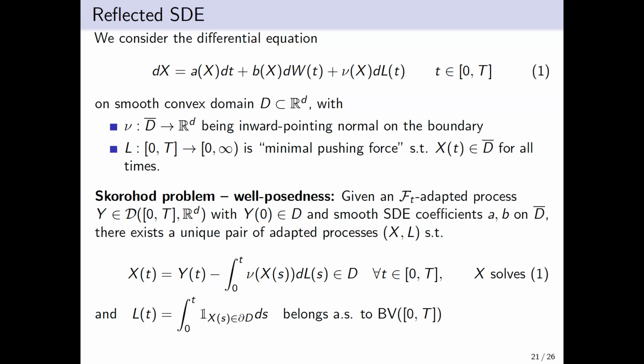And my process L is going to be the occupation time on the boundary. So it's going to count how much time I spend on the boundary. And this process is almost surely going to have bounded total variation. So this is the result.